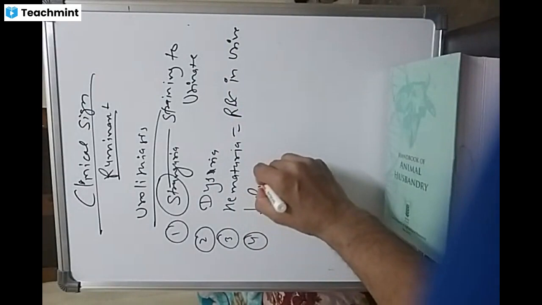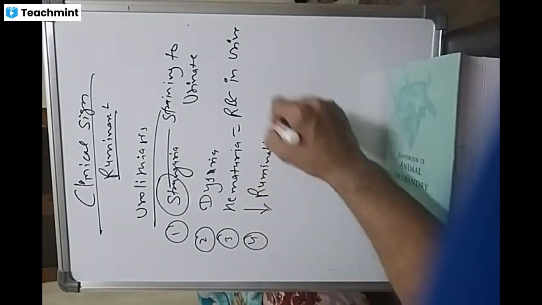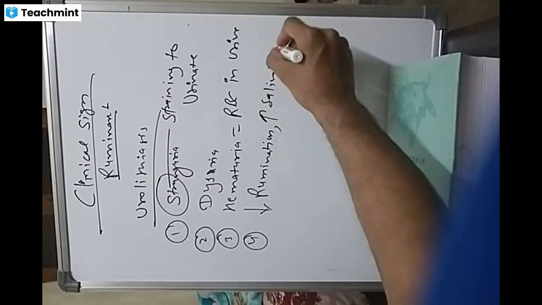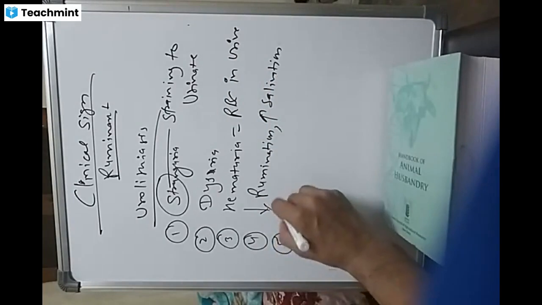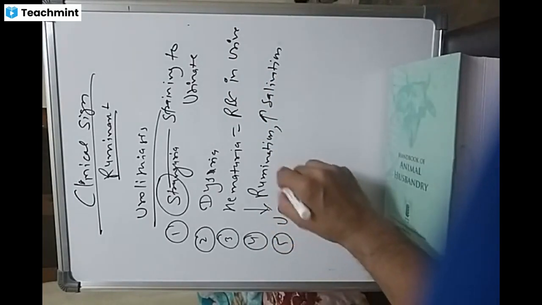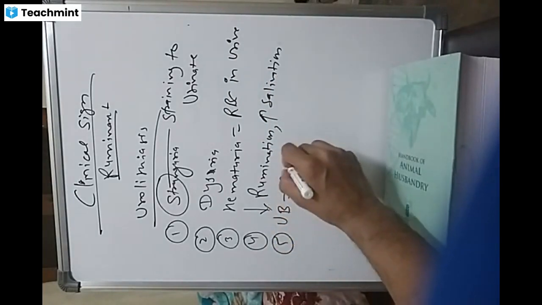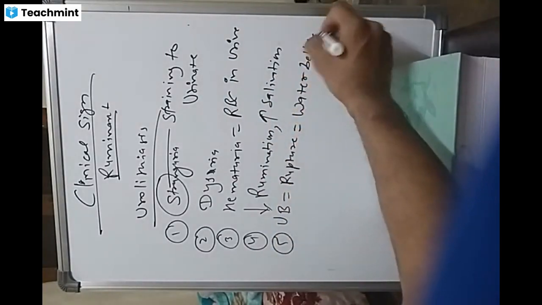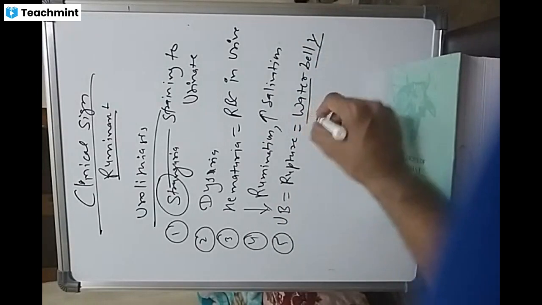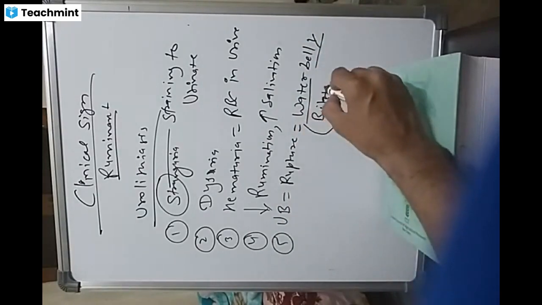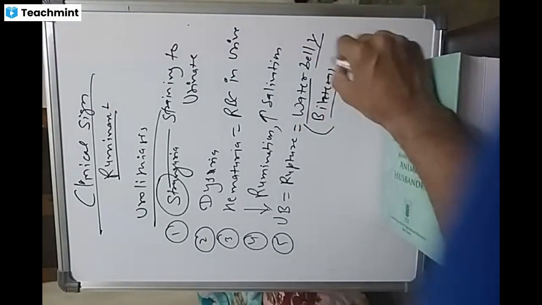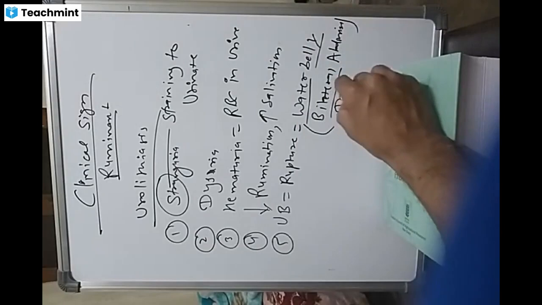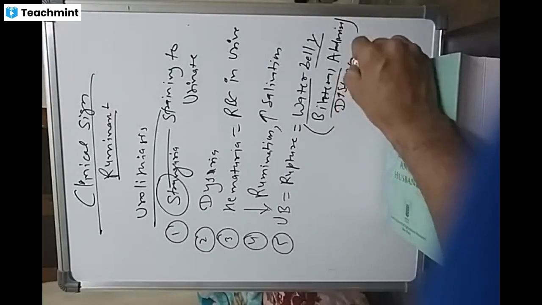Suspension of appetite and vision. But if the urinary bladder is ruptured, the condition is called water belly. It is bilateral, means both sides, bilateral distension of the abdomen.